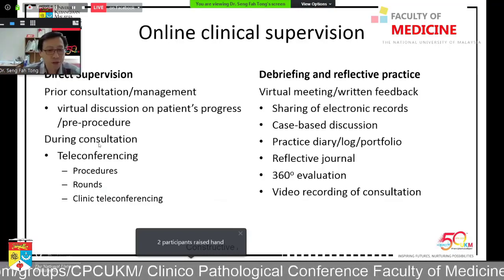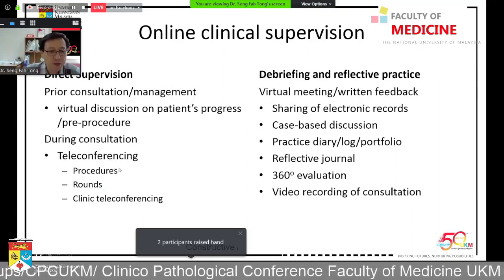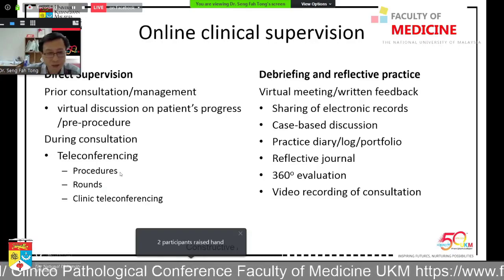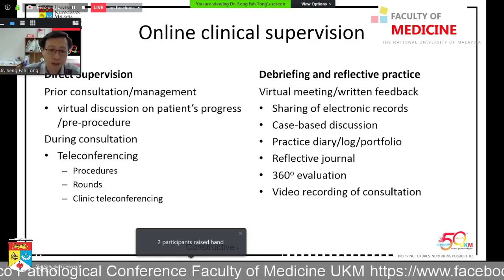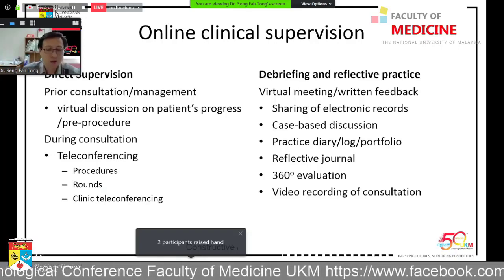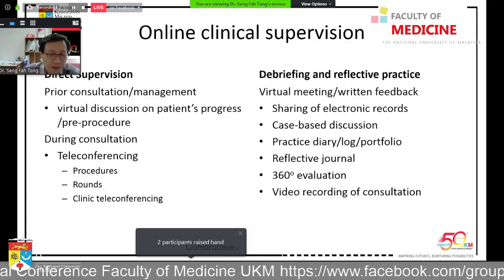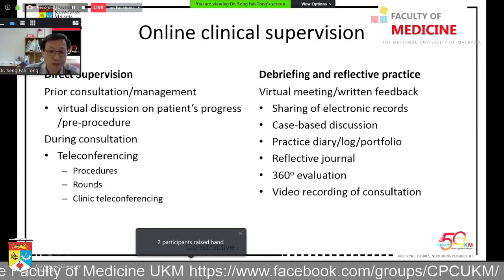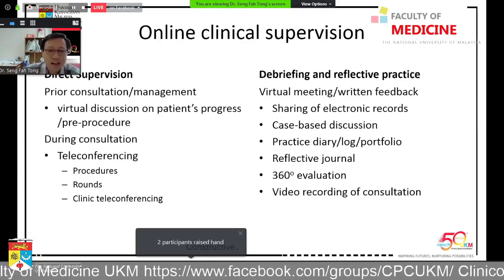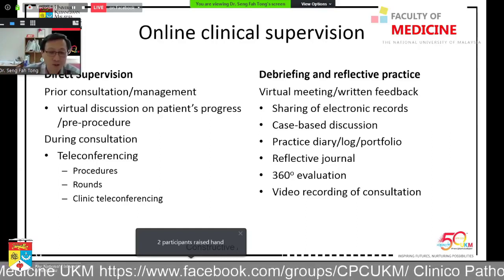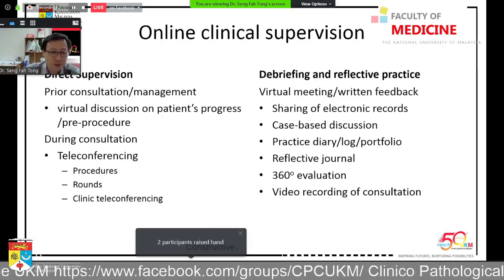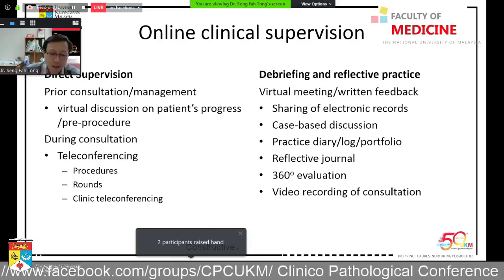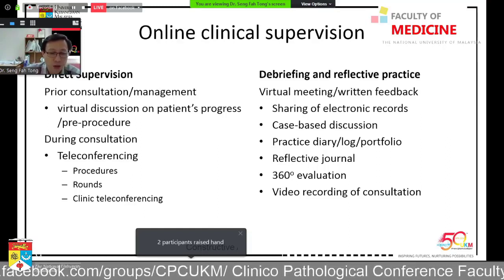Well, during consultation, we can have teleconferencing procedures, like teleforecasting, supervisor looking at supervisee operating, for example. Instructions through online methods, teleconferencing. Rounds, we have trolleys pushing around clinical rounds, I don't have pictures here, and we have a virtual supervisor there. Of course, this is really dreaming and thinking forward, but I think it's already going on.